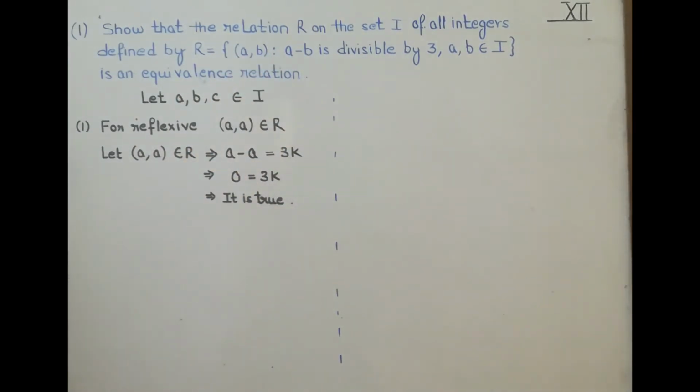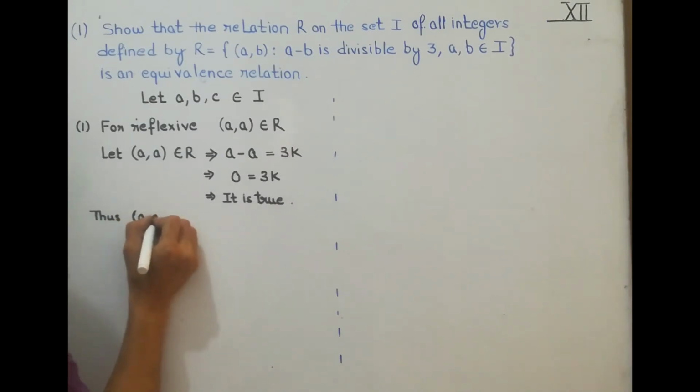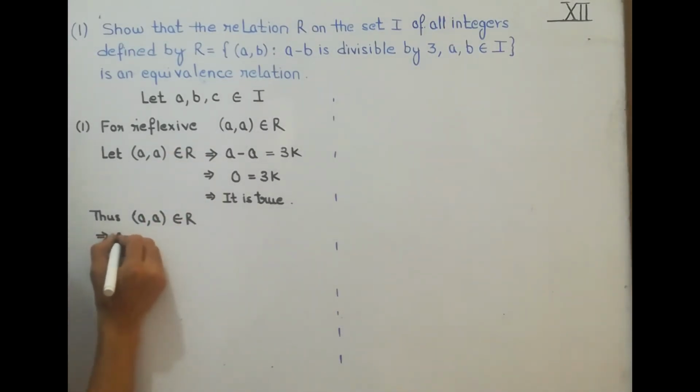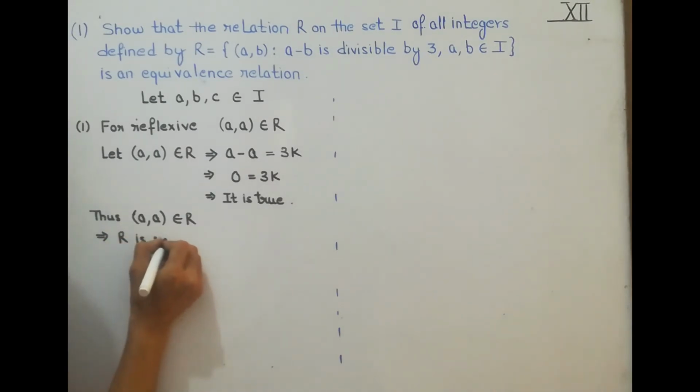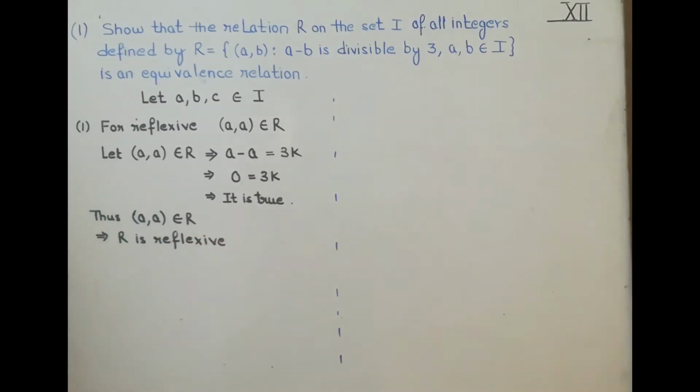So that means that (a, a) belongs to R. Thus we can say (a, a) belongs to R. And this means that the relation is reflexive. So we have shown that the relation is reflexive.